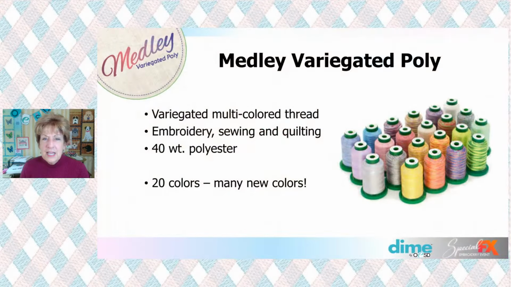That's another effect. And you know what fringe looks really good in? Different types of thread, like variegated. So our Medley variegated polyester thread, which is in our Exquisite line, is a variegated multicolored thread. It's for embroidery, it's for sewing, it's for quilting. I use it in the serger. And we've got lots and lots of cool colors and cool patterns.